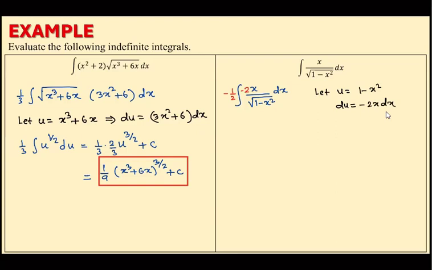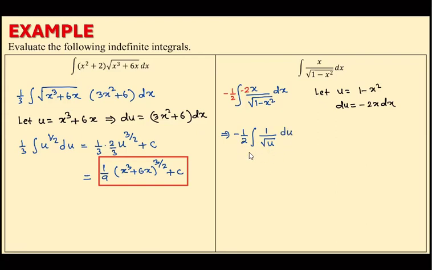So we make use of that and do the substitution. Let's do the substitution and see what we get. We have negative 1 over 2, and then integration of the denominator is square root of u, and then in the numerator, negative 2x dx. Negative 2x dx is du. So that is a du.